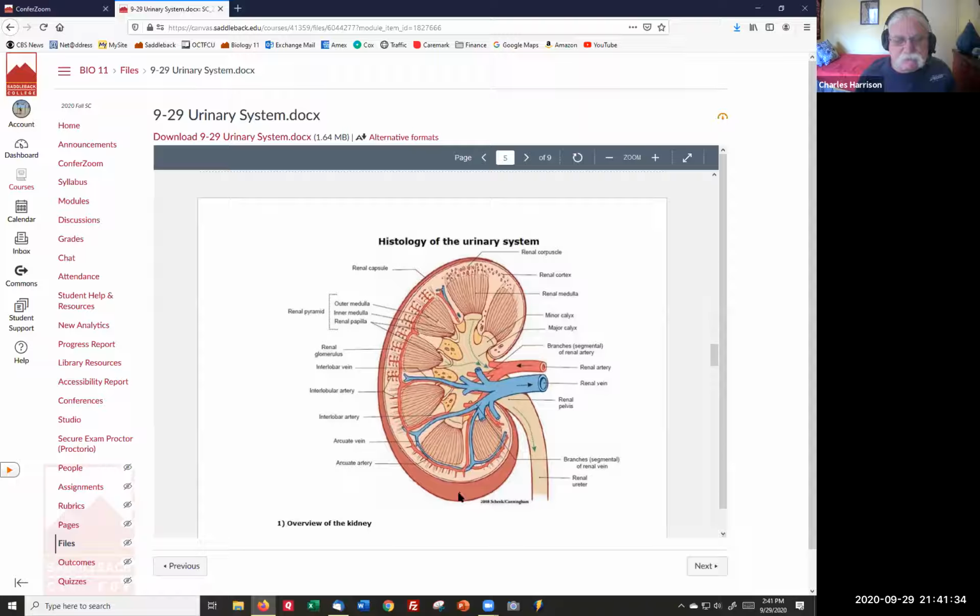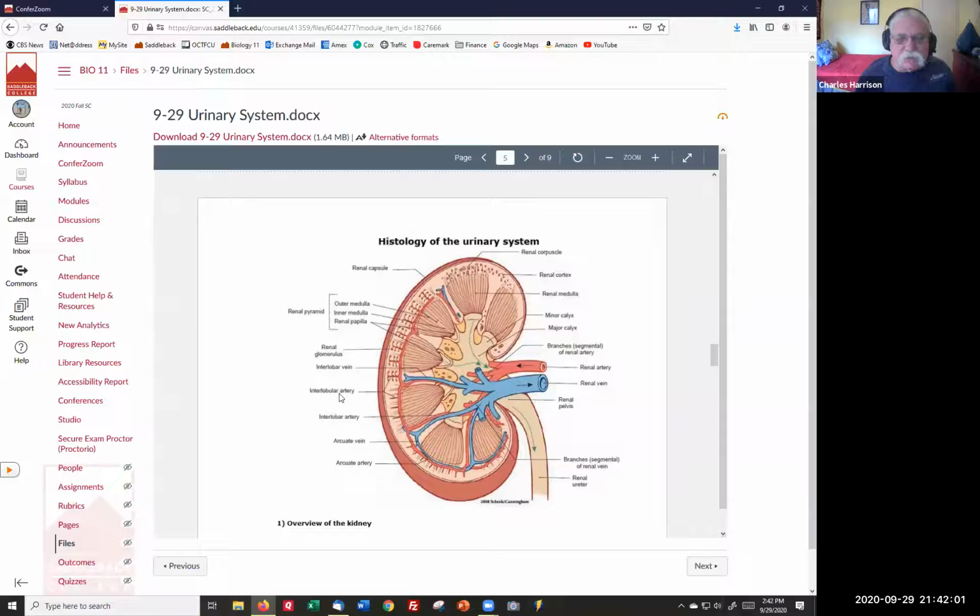This is the renal capsule here. The artery or vein or both that go around and separate the medulla from the cortex are the arcuate vein and artery. It's not hard for anybody to remember this one. They get that word arc in there, A-R-C, and it does look like an arc, so no problem.